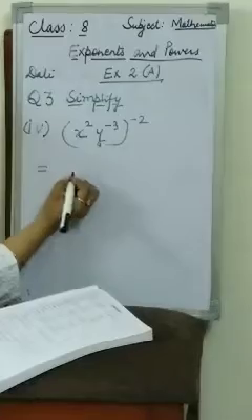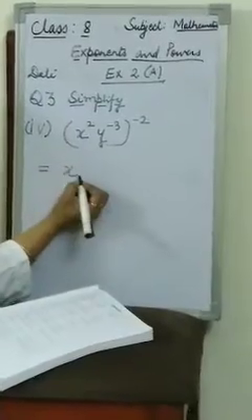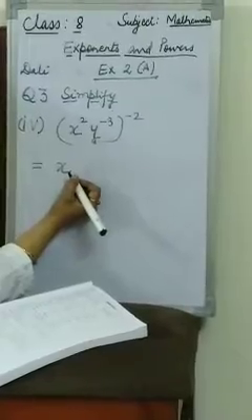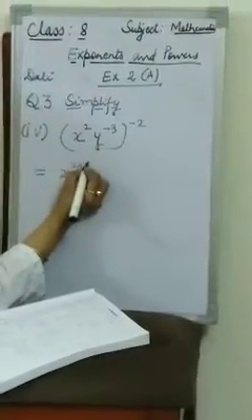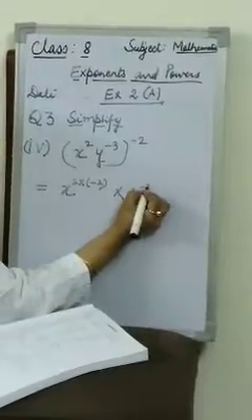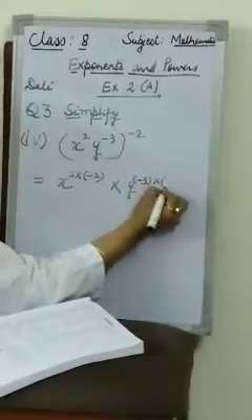Power on power, power gets multiplied. So x to the power 2 into minus 2. Y also has power minus 3 into power minus 2.